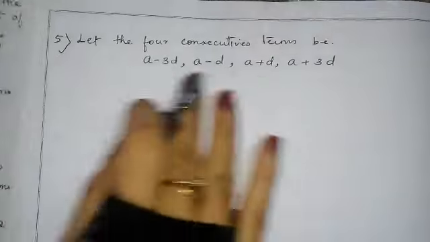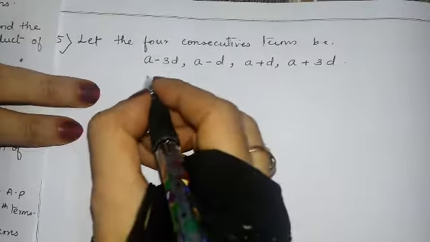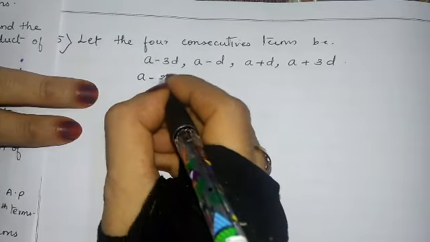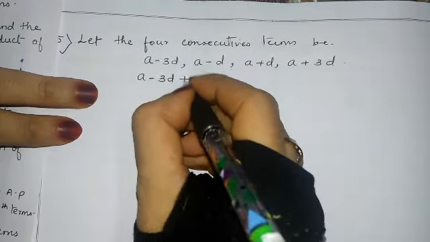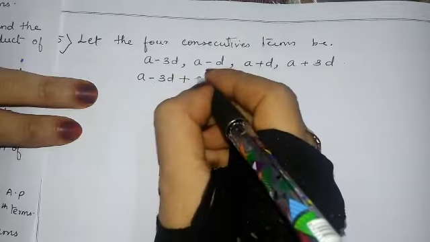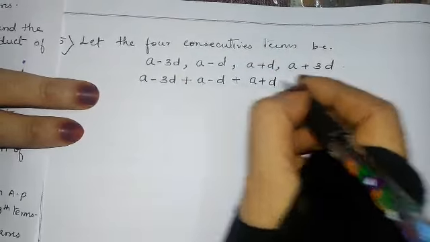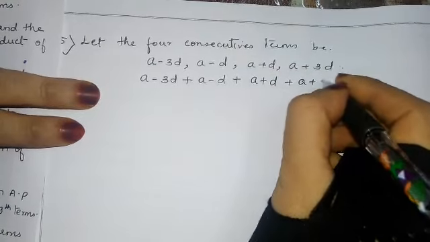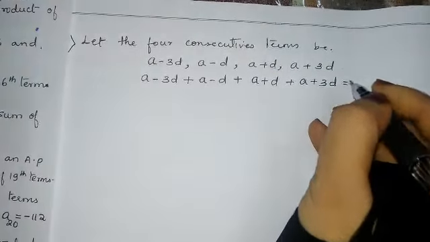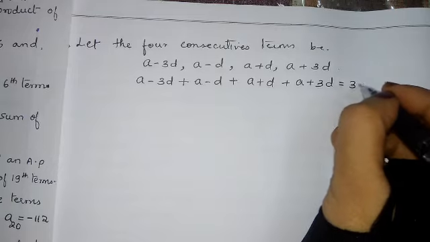So the sum of these terms is 32. Let us do the sum. A minus 3D plus A minus D plus A plus D plus A plus 3D equals 32.